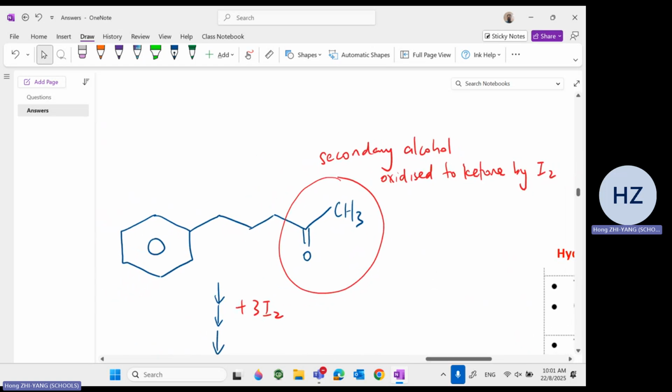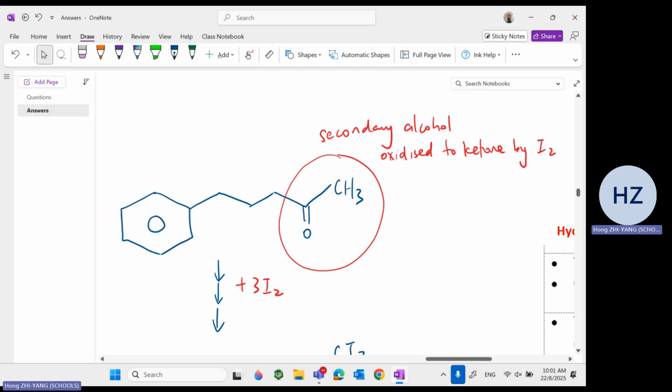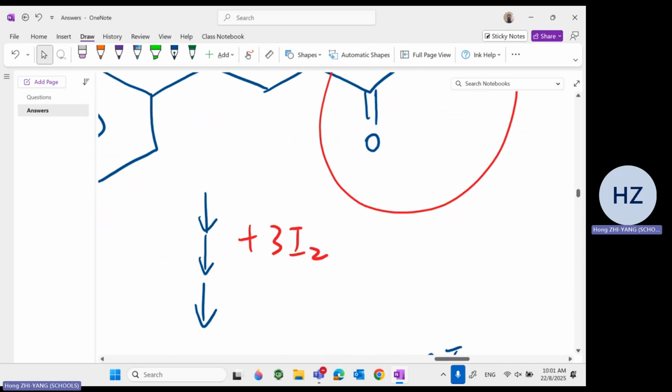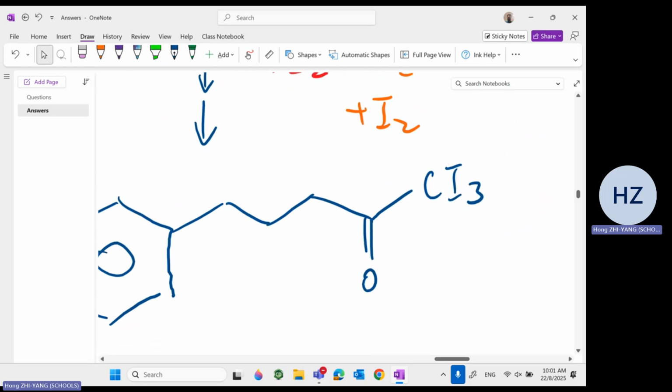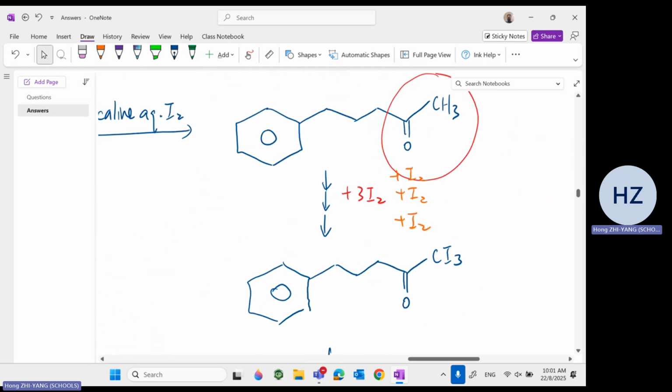Then this is the one I will have to go through with you because a lot of people forget all this. Do you know that after this, you actually repeatedly add iodine 3 times? Every time is plus iodine, plus iodine, plus iodine, 3 times before you get to this. Here's the transformation in short.